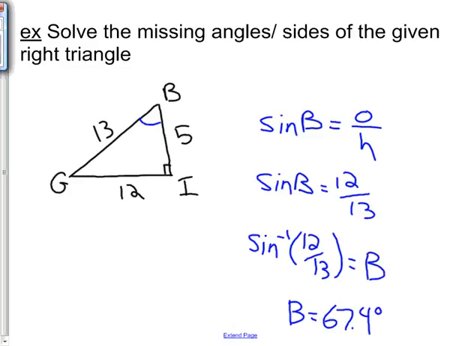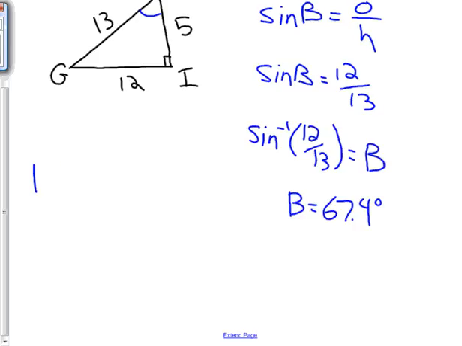Now find angle G. How do you do it? You add 90. Because all the angles in the triangle are equal to 180 degrees.